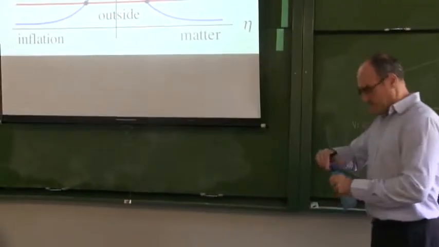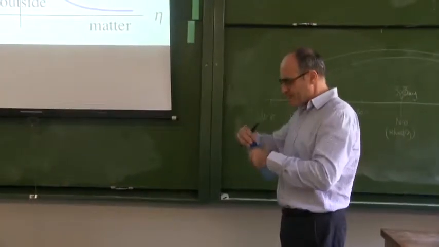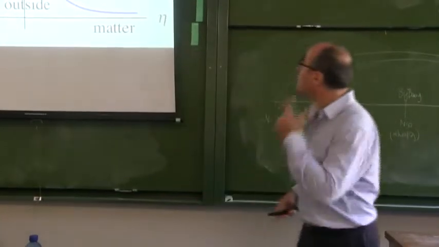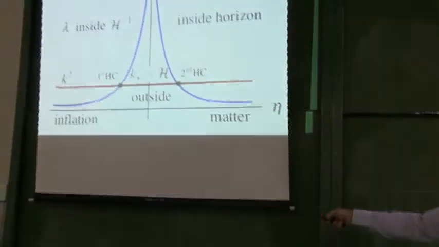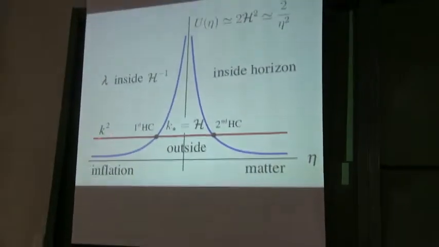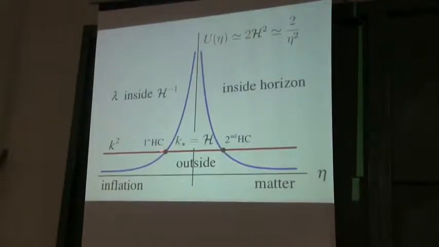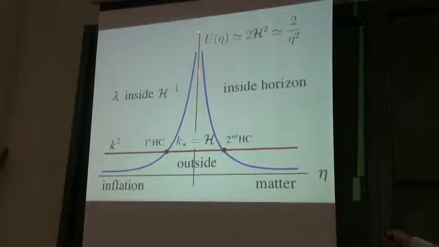So, this is a picture. We have our potential being approximately 2 over eta squared in conformal time. This would be your potential. You have modes that are well inside the horizon, cross the horizon, remain constant outside the horizon, and re-enter in the matter era.